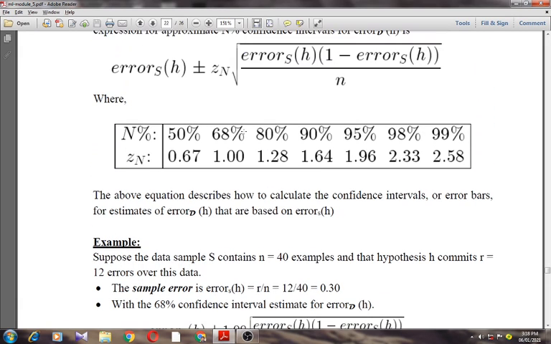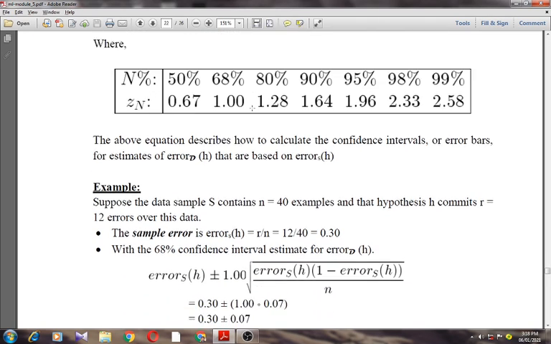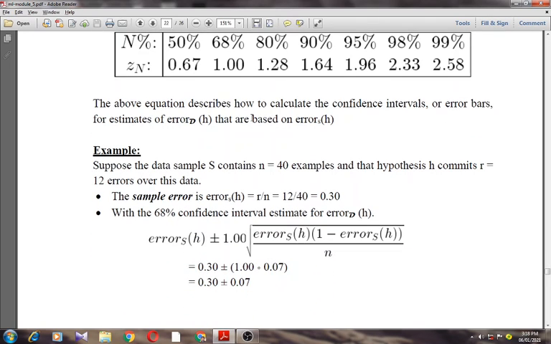This equation, error S of H plus or minus Zn, describes how to calculate the confidence intervals or the error bars for estimating error D of H that are based on error S of H. In using this expression, it is important to keep in mind that this applies only to discrete valued hypothesis, that it assumes the sample S is drawn at random using the same distribution from which future data will be drawn, and that it assumes the data is independent of the hypothesis being tested.